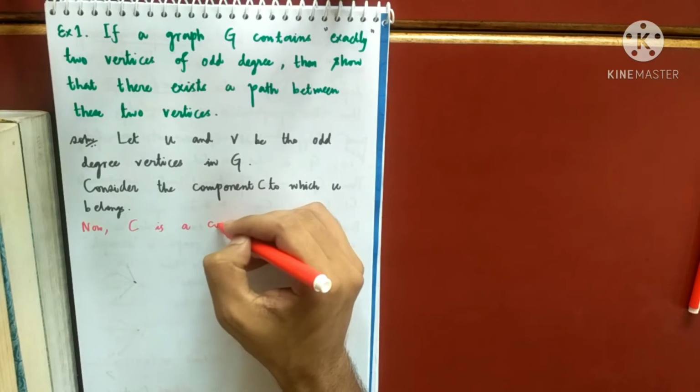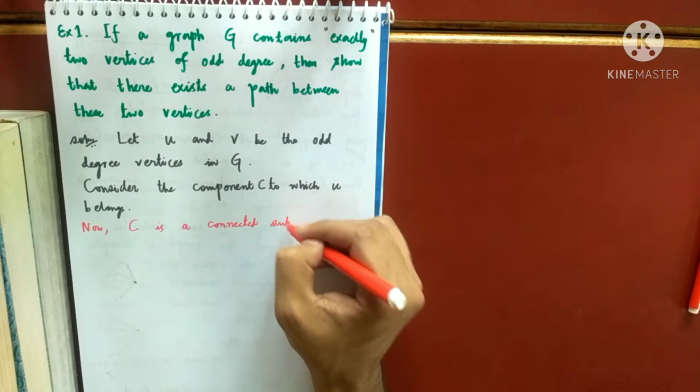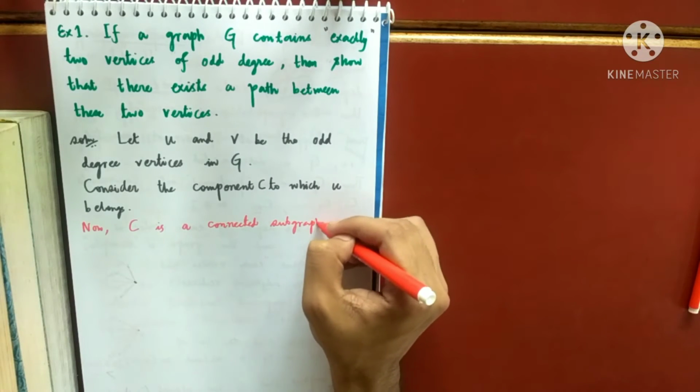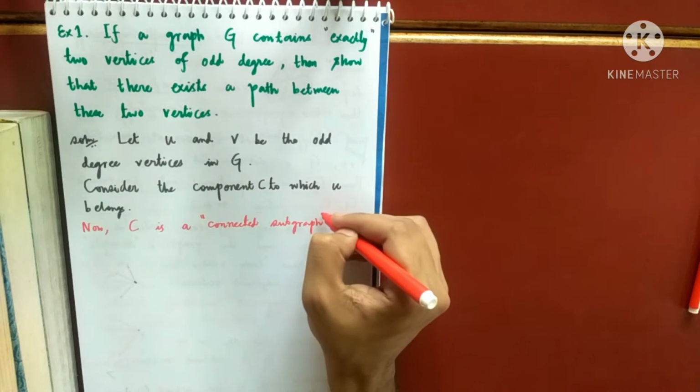So now C is a connected subgraph of G. This fact I will use a bit later.